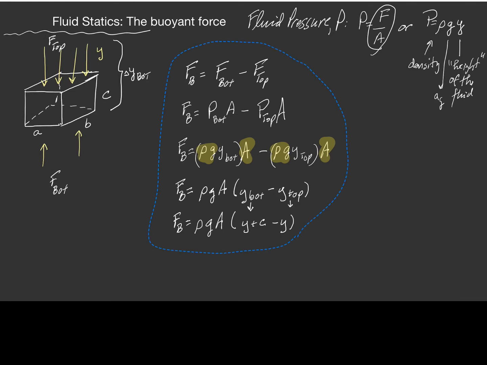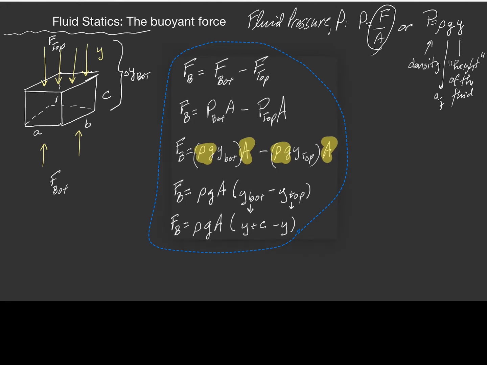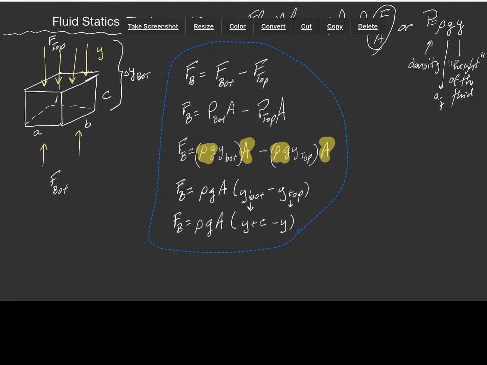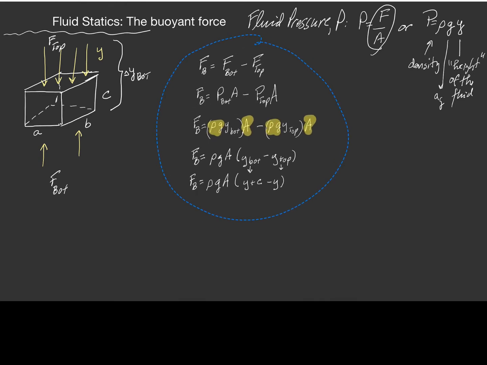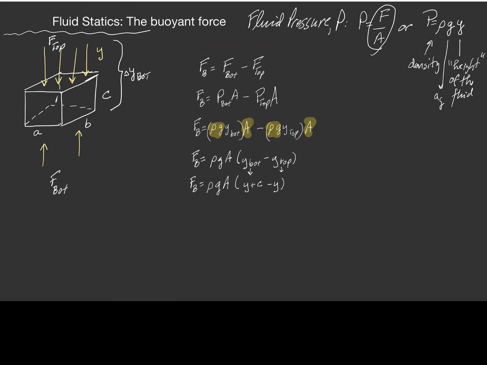So let me go ahead and I'm gonna just try to make this a little bit smaller for you. Let me go ahead and resize this, and I'll move this up. All right.